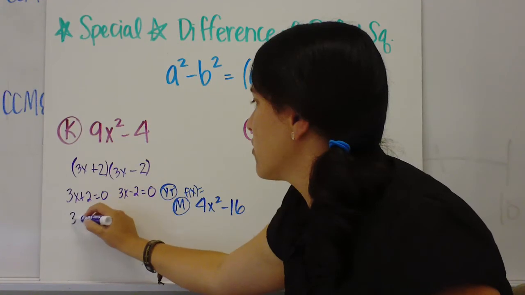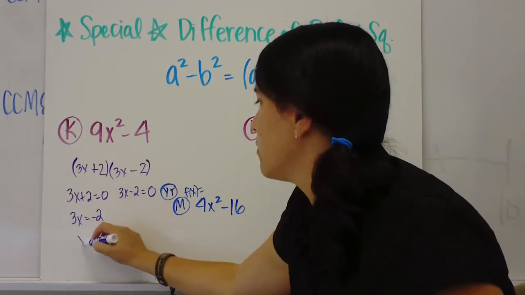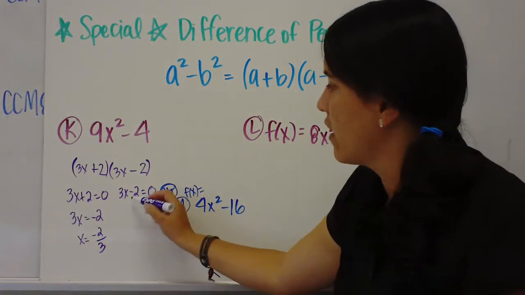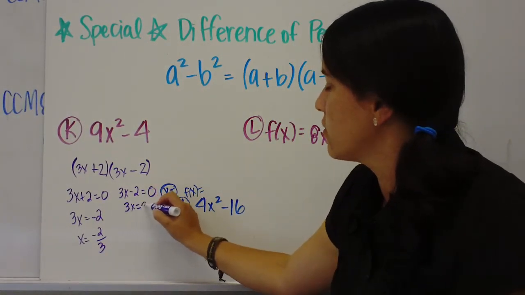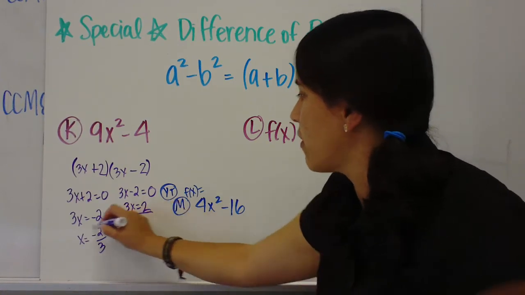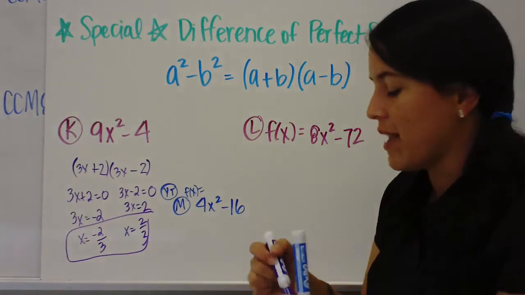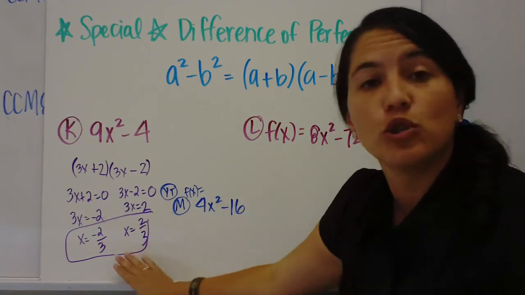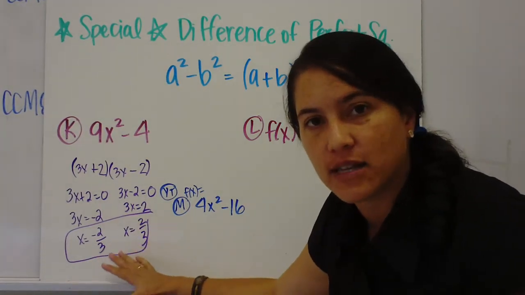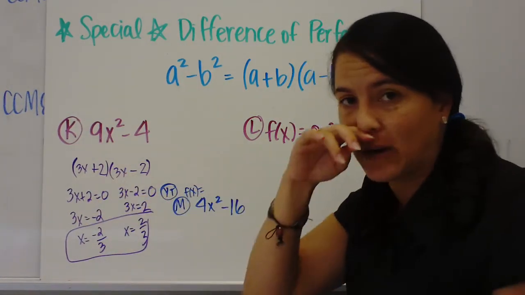And you would get 3x equals negative 2, and x equals negative 2 over 3. This one you would get 3x equals 2, and x equals positive 2 over 3. Hopefully it makes sense to you why the solutions are opposite values, the same fraction but opposites. That's because we had one positive, one negative.